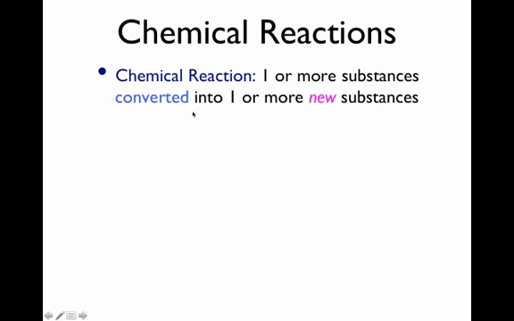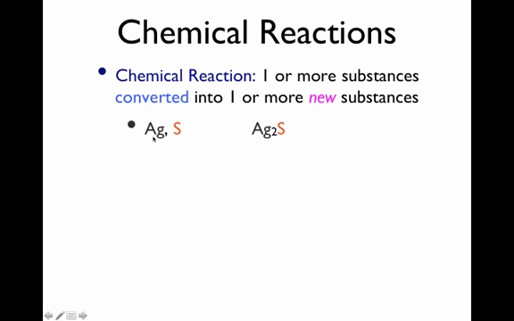A chemical reaction is basically when you take one or more materials, one or more substances, and you convert them into one or more new materials, one or more new substances. What I mean by that, I'll show you a couple of examples. So Ag is the chemical symbol for silver. S is the chemical symbol for sulfur.